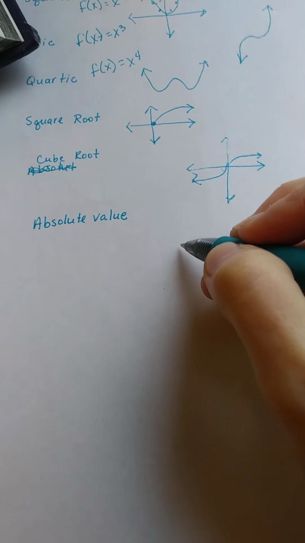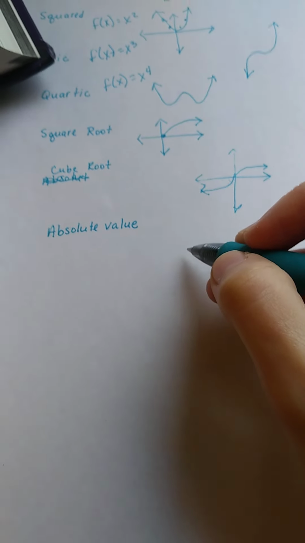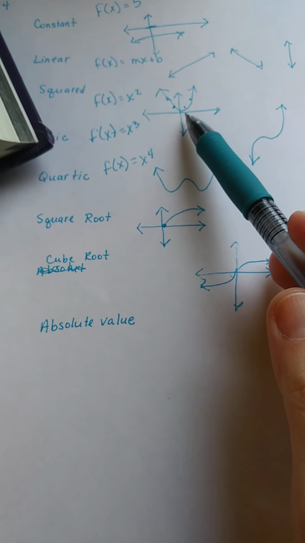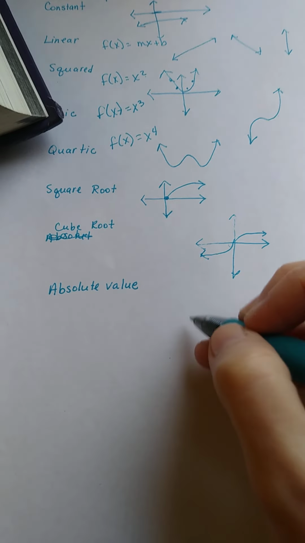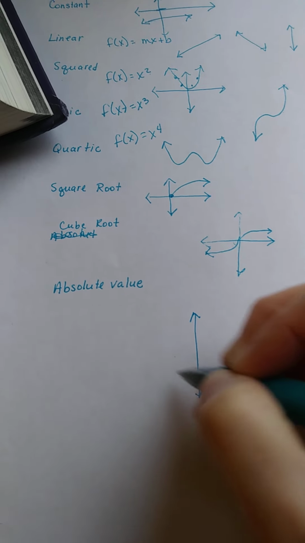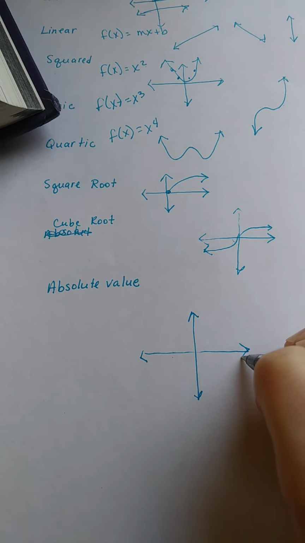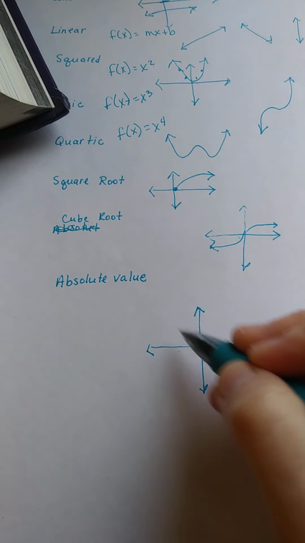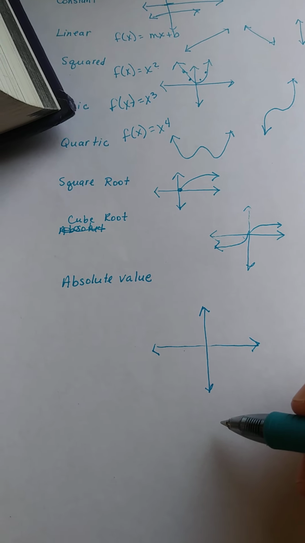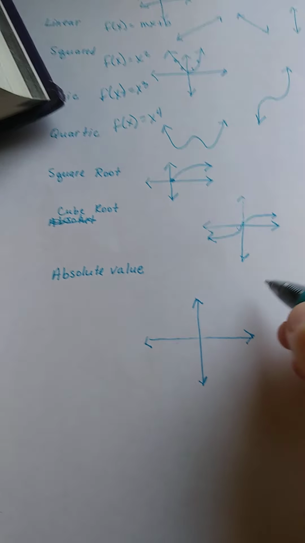Then last but not least, absolute value. So the absolute value function, each number, all it does is make it positive. So kind of like this one, our answer is always positive. So it's going to stay on the top half of our axes. It's only going to be up here, not down there, because we always get positive answers when we do an absolute value.